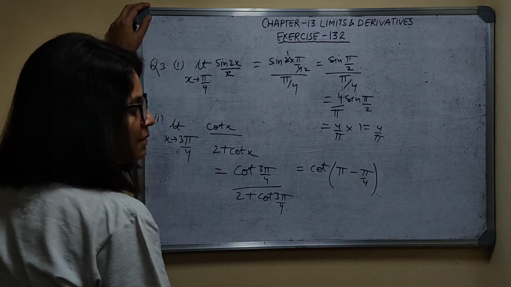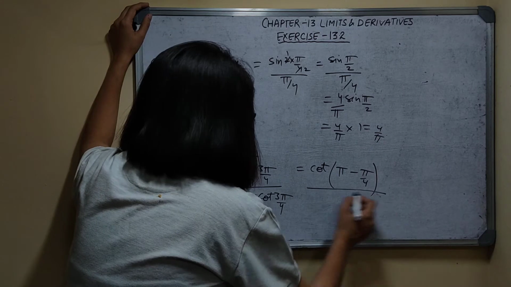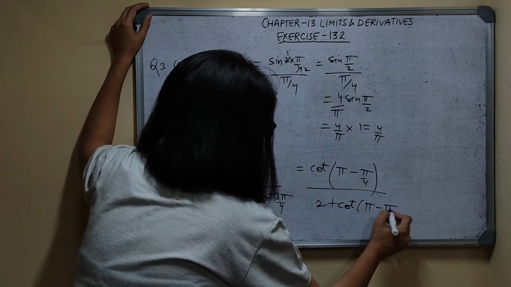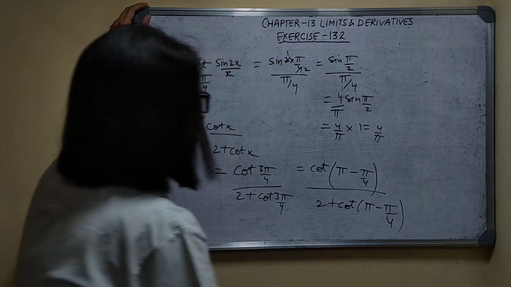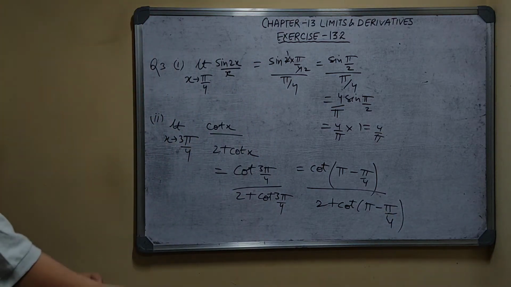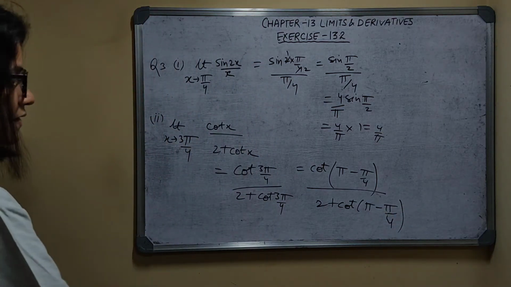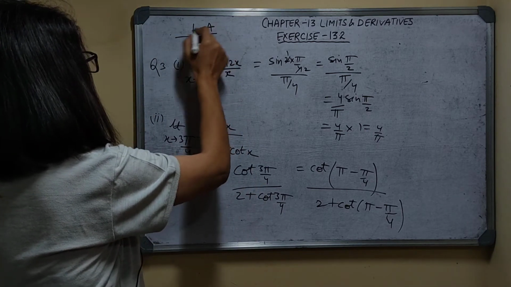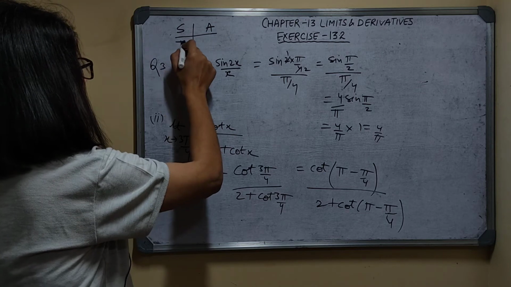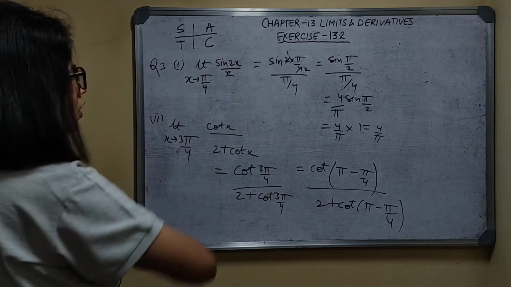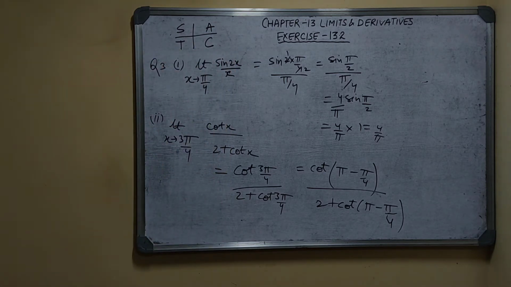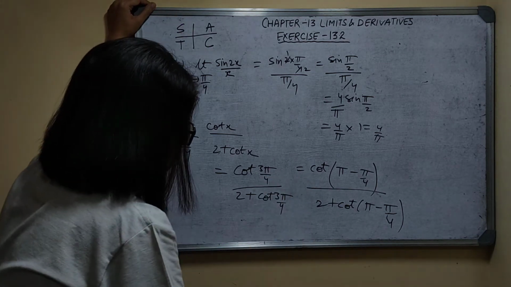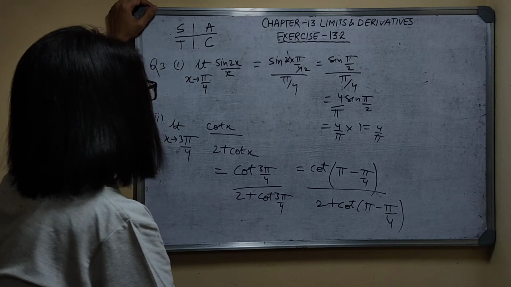So you'll get cot 3 pi by 4 upon 2 plus cot pi minus pi by 4. Cot 180 minus theta, so it is in second quadrant. You know it is the rule. All positive, sine positive, tan positive, cos positive. Is it clear? All, sine, tan, cos positive.